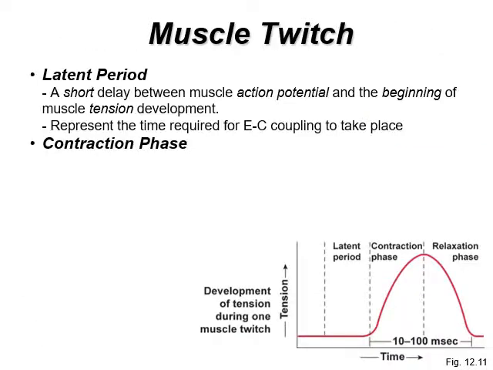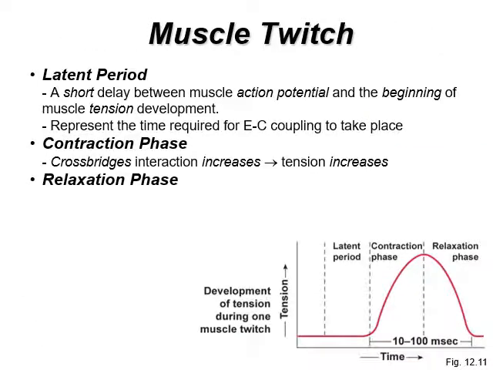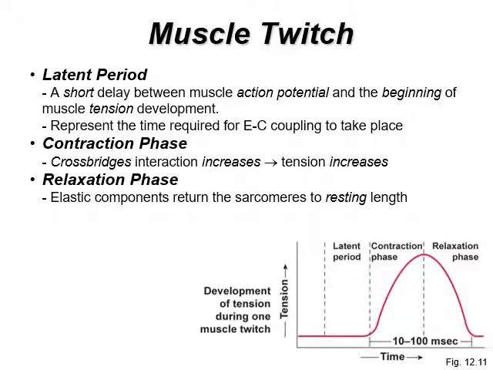So let's look at muscle twitch. As we said, there's three main phases: the latent period, and what's taking place through that latent period. Those are all those EC coupling events, right? Because we activated it, we sent an electrical impulse, we have an action potential, but what's that action potential?